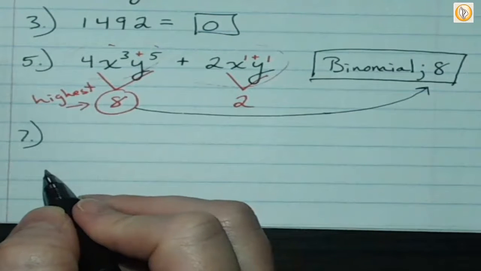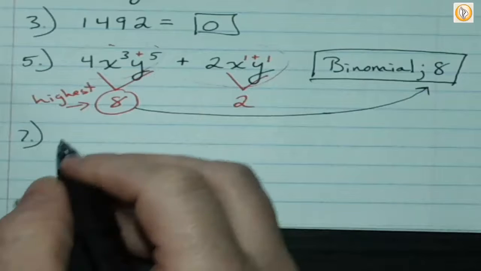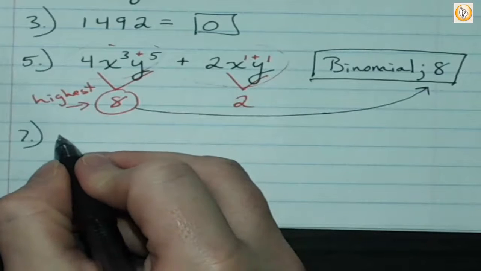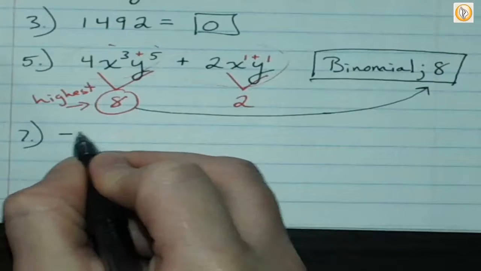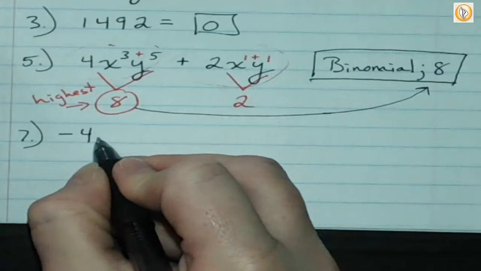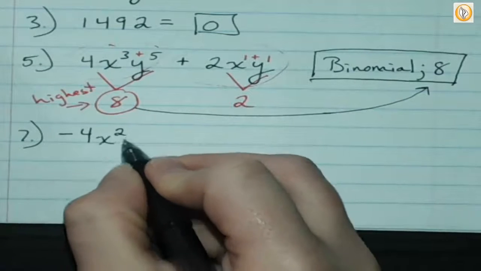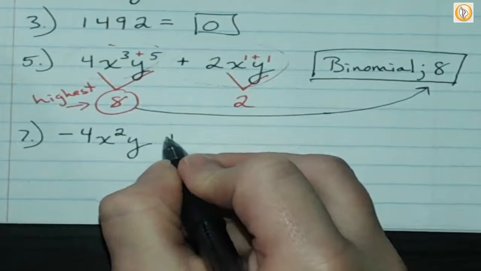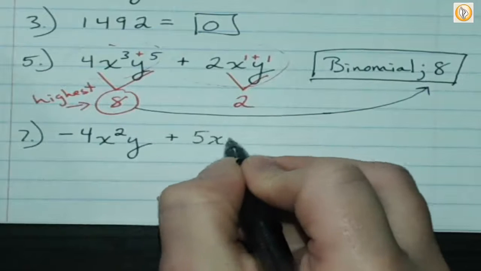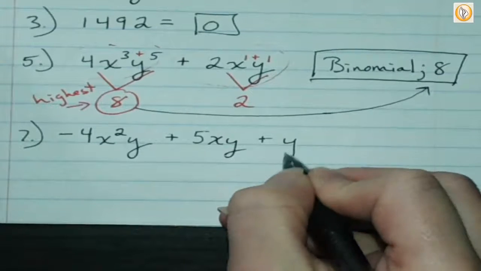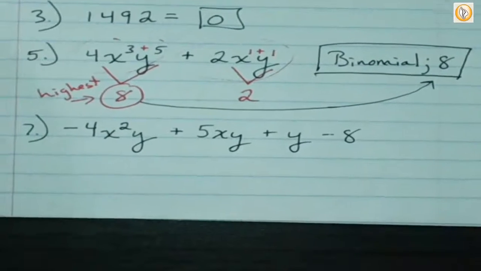Number 7. You've already done 1. Put your hand down. Michael. Negative 4x squared y plus 5xy plus y minus 8.